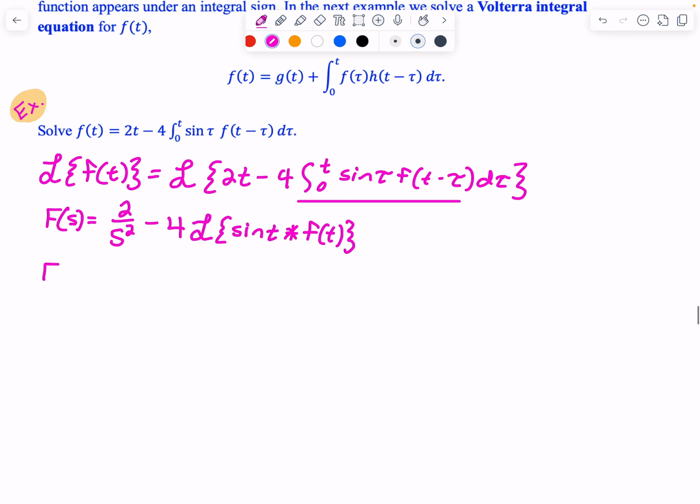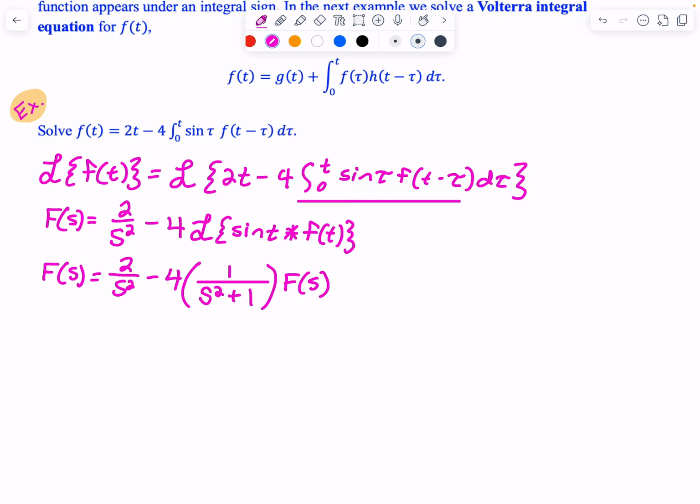So F(s) is equal to 2 over s squared minus 4, and then I just split them and multiply them. The Laplace of sin(t) is 1 over s squared plus 1, times F(s).